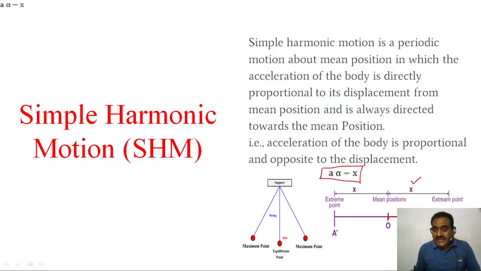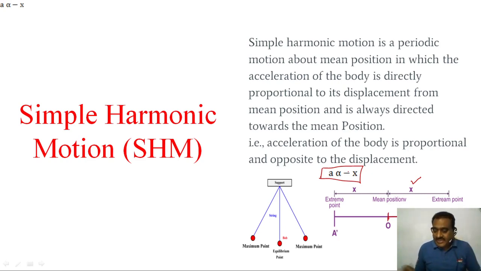The negative sign represents that a and x are opposite to each other, or it is always directed towards the mean position. That is the definition. The acceleration of an oscillatory particle is directly proportional to displacement and is always directed towards the mean position. This phenomenon is called simple harmonic motion.